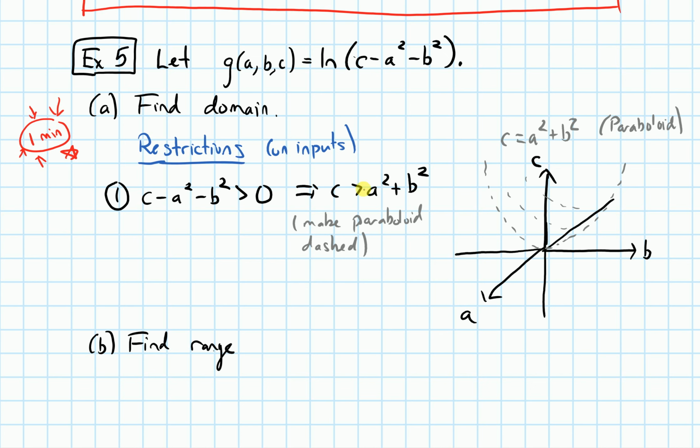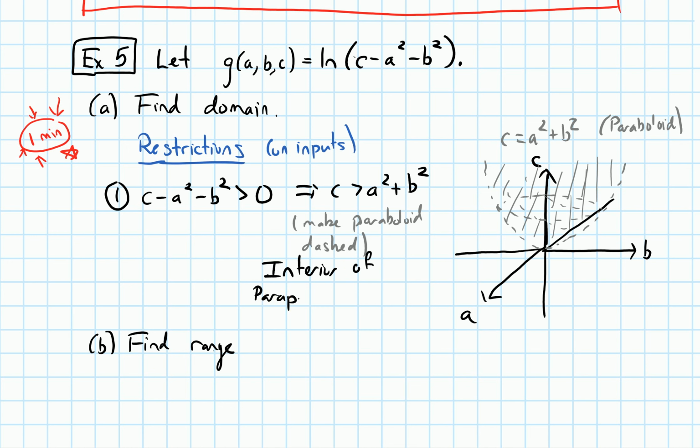Because c is greater than a squared plus b squared, the c values need to be higher up. So we can be anywhere above and inside this paraboloid. Our domain is the interior of the paraboloid.